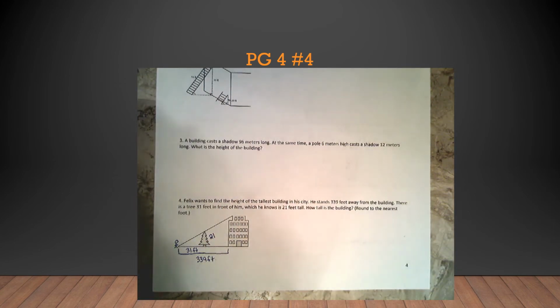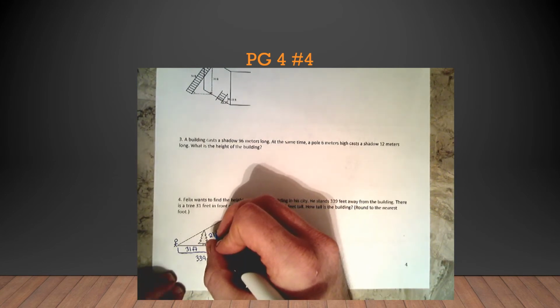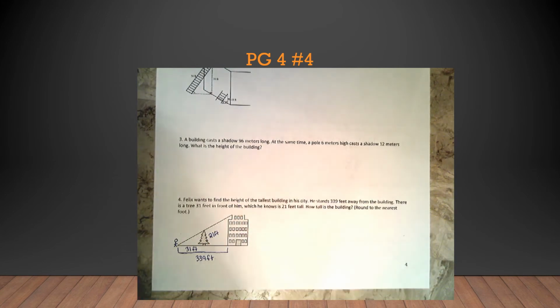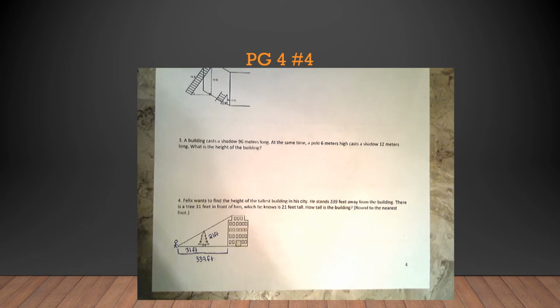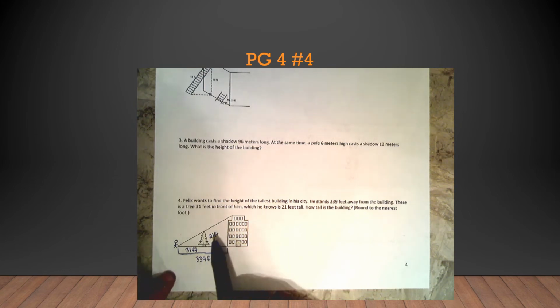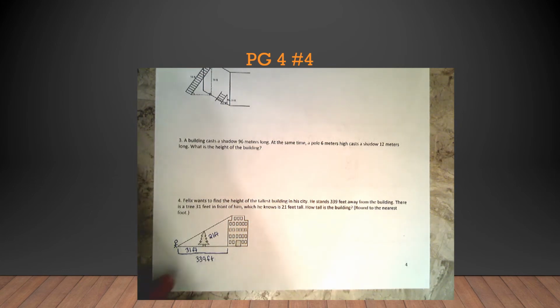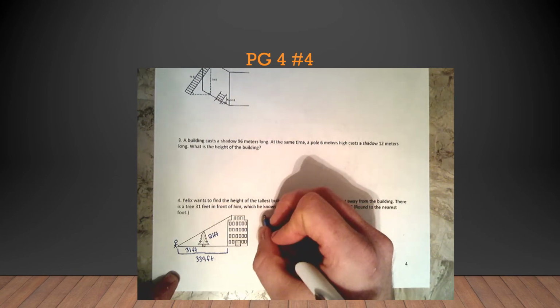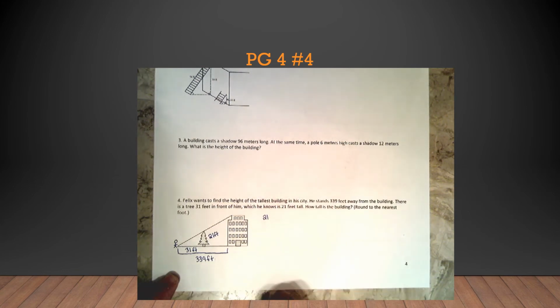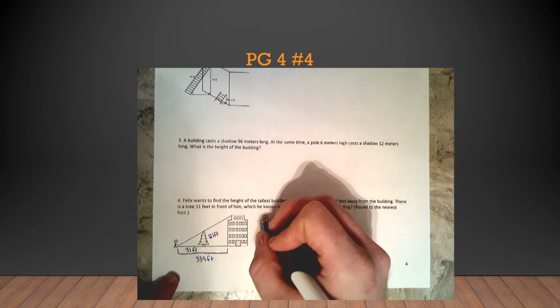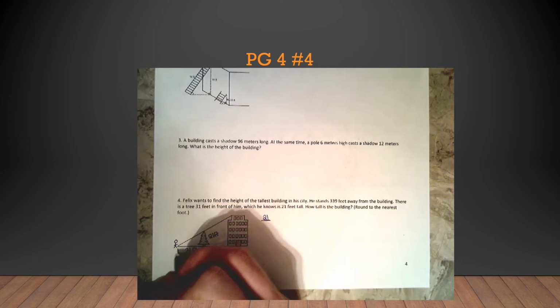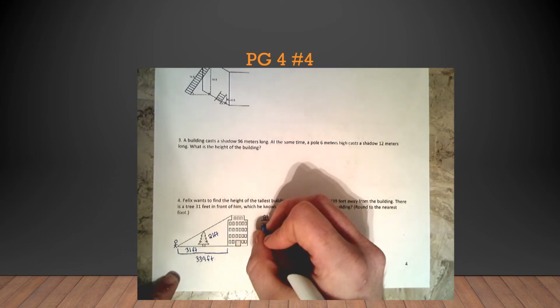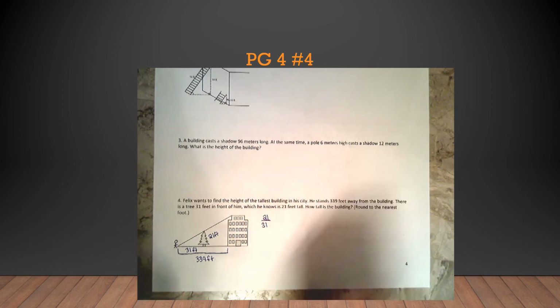With this information, I will be able to figure out the height of this building based on similarity. First thing I'm going to do is make a ratio between the tree and how far he's standing from that tree. The height of the tree is 21 feet, so I'm going to put that in my numerator. Then in my denominator, I'm going to put how far away he was from it, so 31.